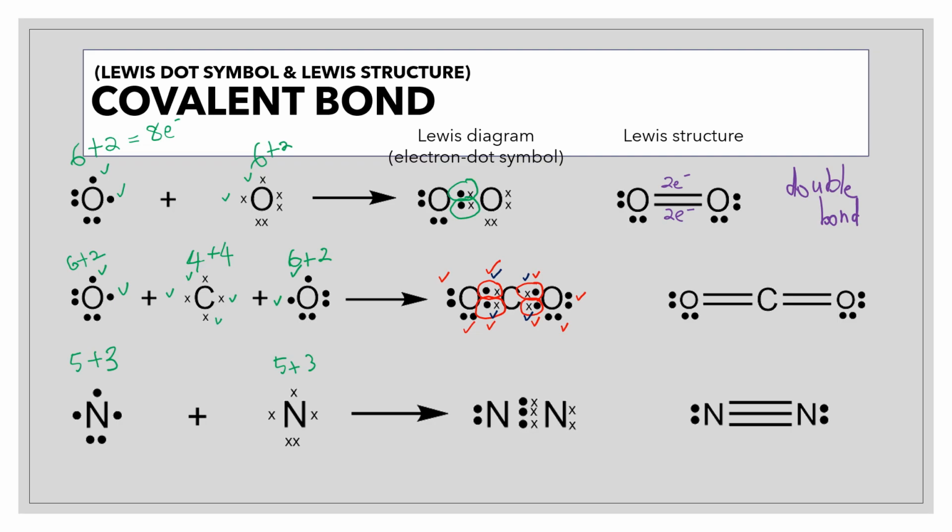So what will happen adalah the first nitrogen here akan share its 3 valence electrons dengan nitrogen yang sebelah kanan. So yang kanan ini pun akan share sebanyak 3 valence elektronnya. So apa yang akan jadi di sini adalah sharing sebanyak 3 pasang elektron ini akan menghasilkan 3 covalent bonding.